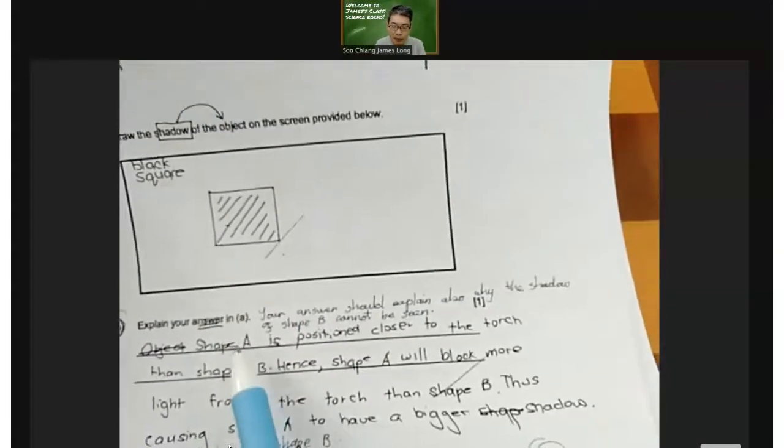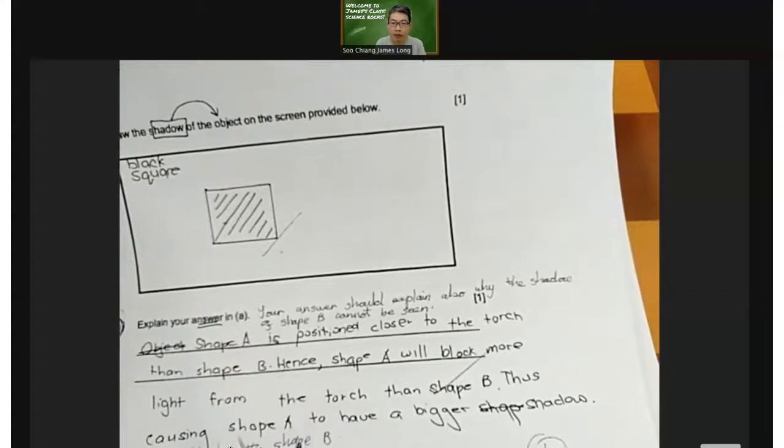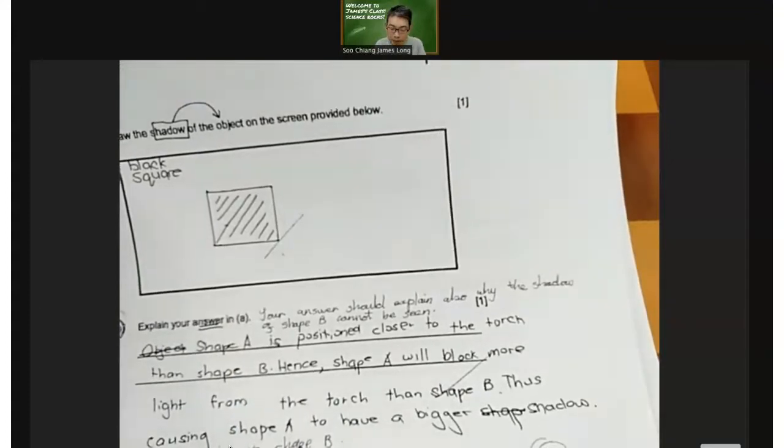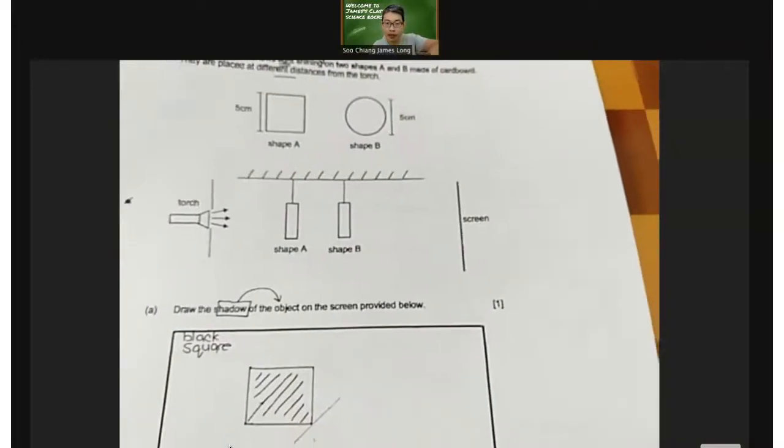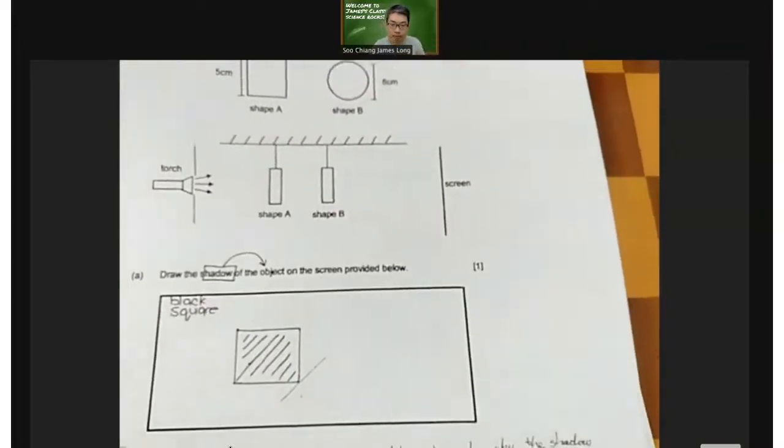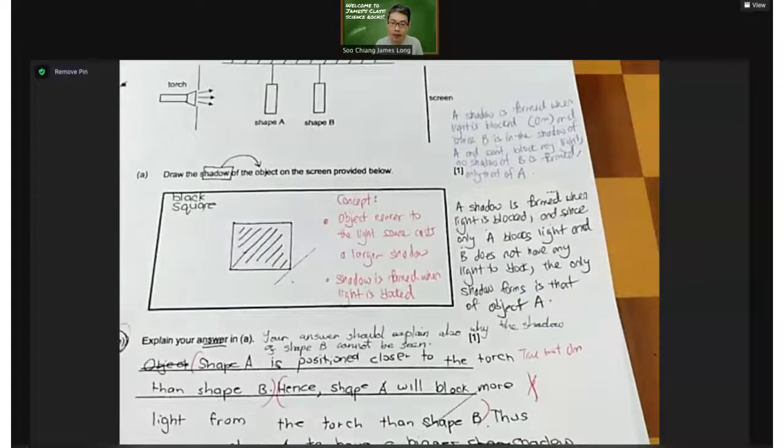Now, explain your answer in A. So here you need to talk about what I just verbally said, right? So let's see how I would answer this question, and then we make reference to your answer. Okay, alright, I'm going to give you two answers for this, and before that, let's look at the concept the question is testing. So firstly, what's the concept? To cast a shadow, you've got to know that shadow is formed when light is blocked.